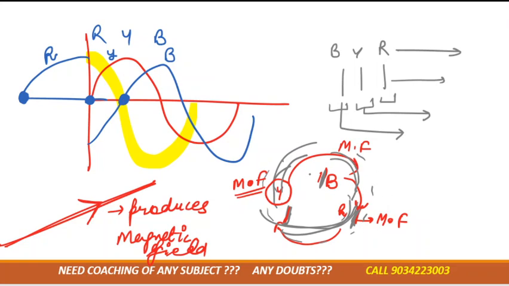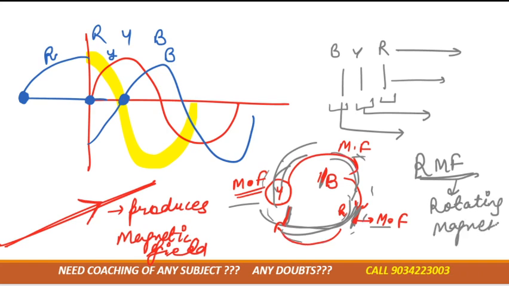As you know, we can't see the magnetic field, right? We can just imagine that there is a magnetic field, but we can't see it. That's why we can't see it, but there is a rotating magnetic field. That concept is known as RMF. RMF means the rotating magnetic field. This is the most important concept for the principle of the three-phase induction motor.